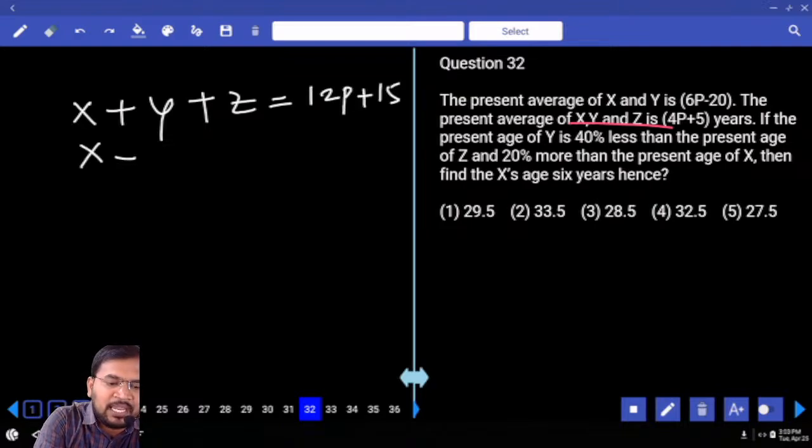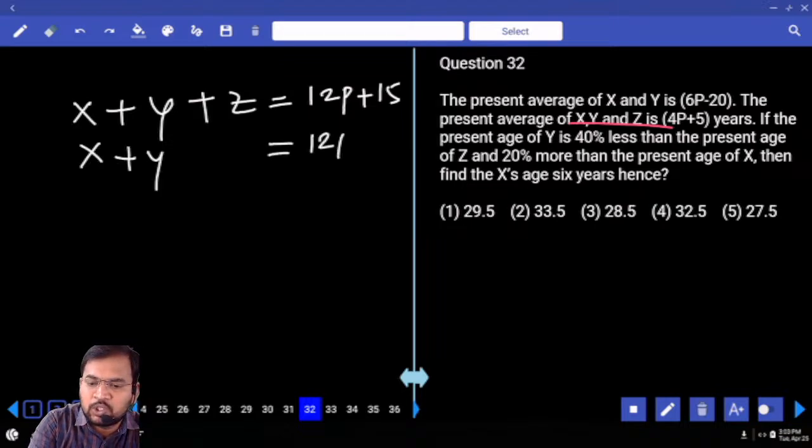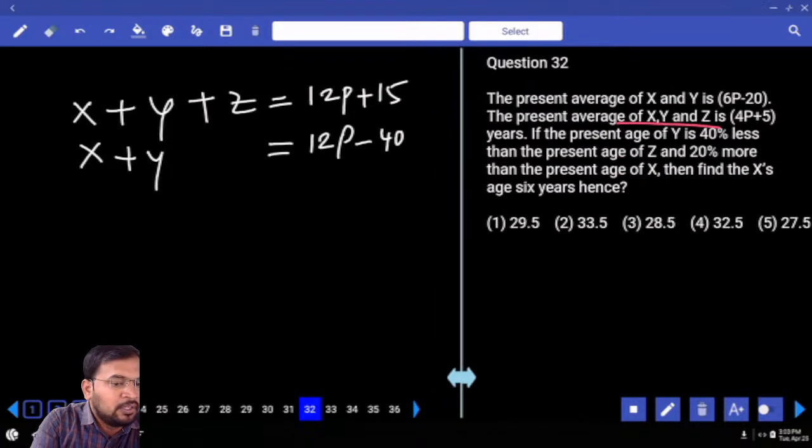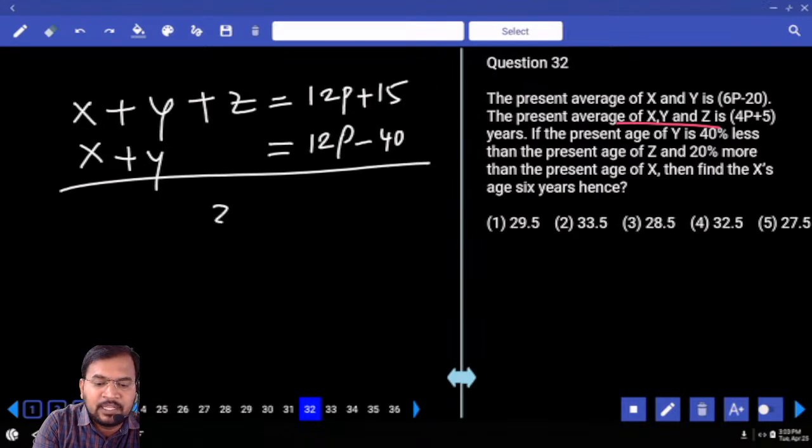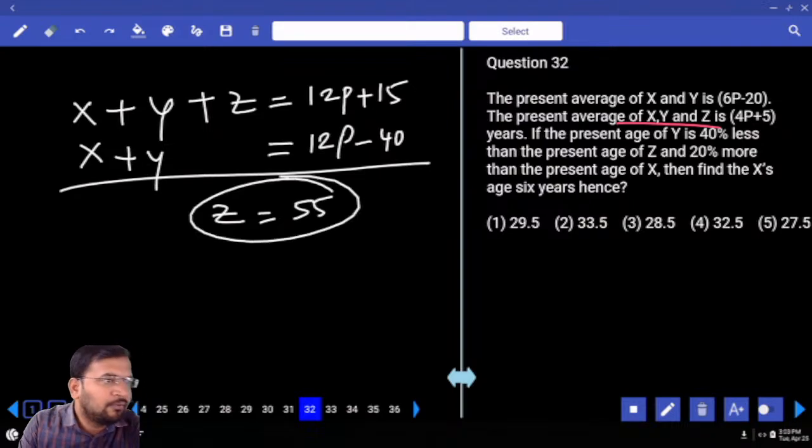The xy average is 6p minus 20, so the sum is 12p minus 40. Are you clear? Now x gets cancelled, then z is equal to 12p, which gets cancelled, minus 40 becomes plus 40. 40 plus 15, therefore z is equal to 55.